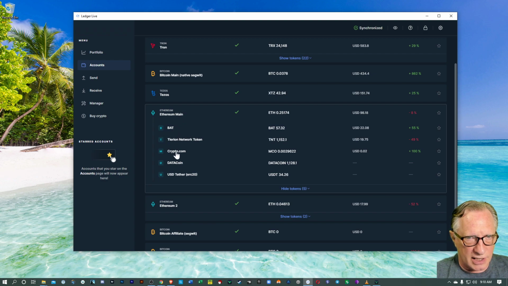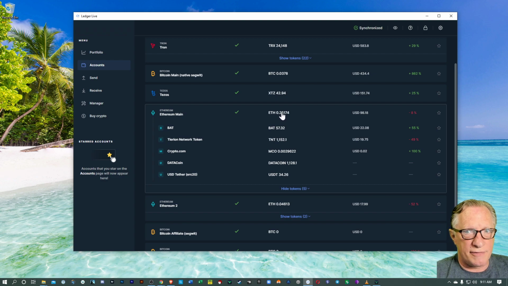Now, these particular tokens and these particular balances are sub-tokens of my Ethereum wallet, right? Each Ethereum wallet can hold multiple ERC20 tokens within it. All of these ERC20 tokens have the exact same address on the Ethereum blockchain.